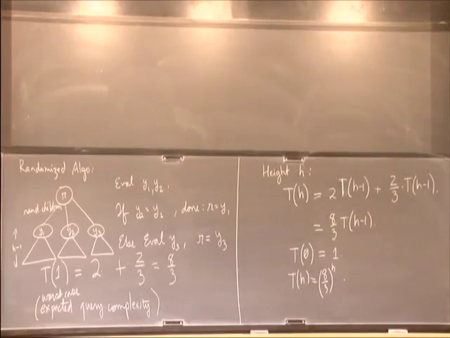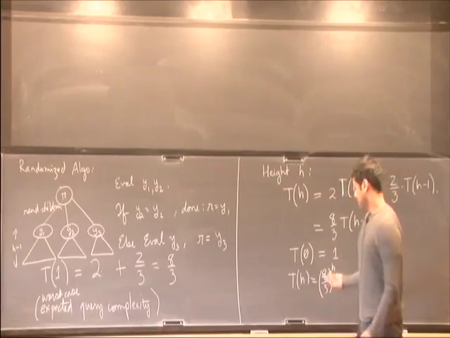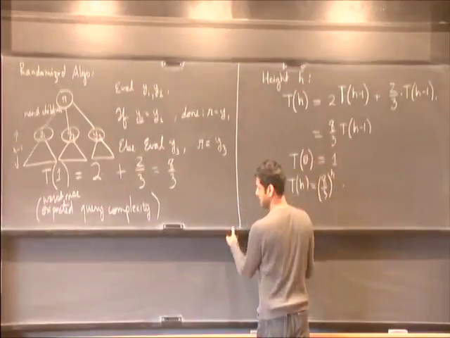Yeah? It seems that the problem of checking if y1 equals y2 is slightly easier, not necessarily as hard as evaluating both of them. That's a good point. It's an easier problem, yes. You have to evaluate the parity, right? I'm glad you asked this question.